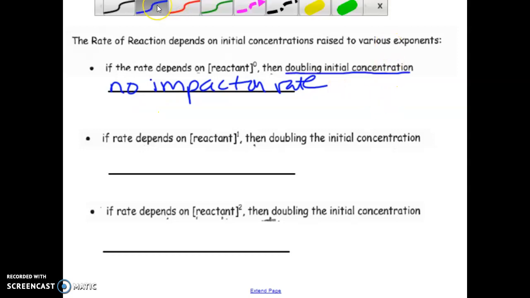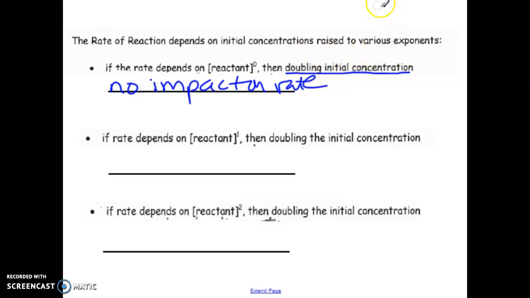From a mathematical standpoint, if we were to double the initial concentration of your reactant, but the exponent is 0, any number to the exponent 0 is 1.